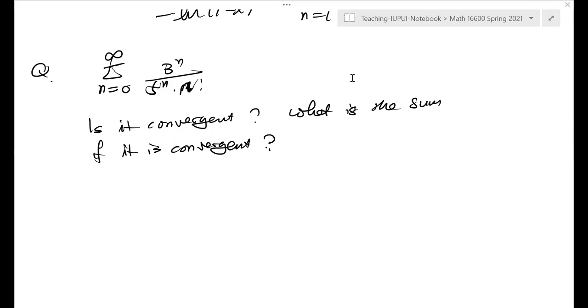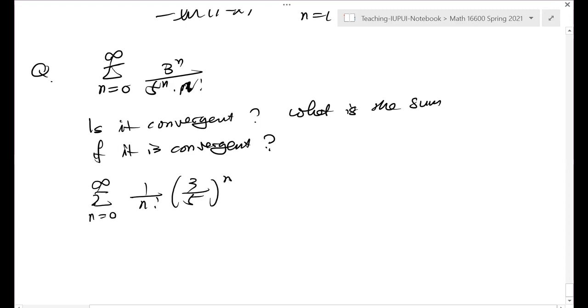This can be written in the form of the sum of (3/5) to the nth power over n factorial. So immediately I can get e to the 3/5. That's it. It's not only convergent, it's converging to this number, right?